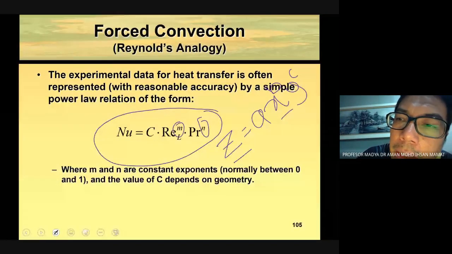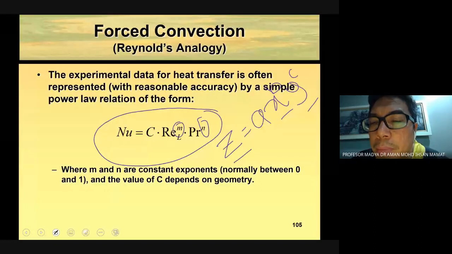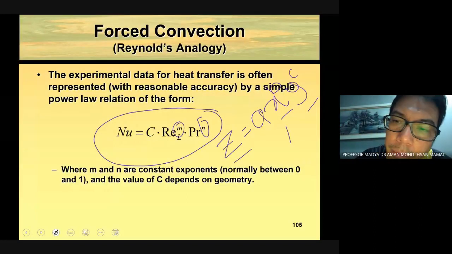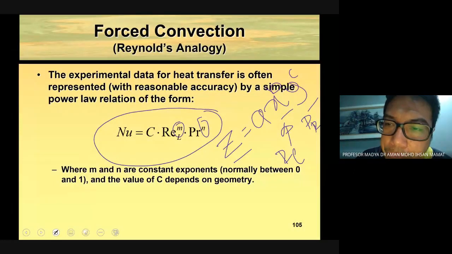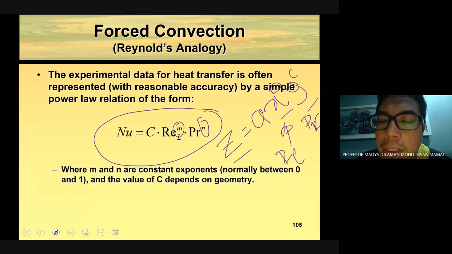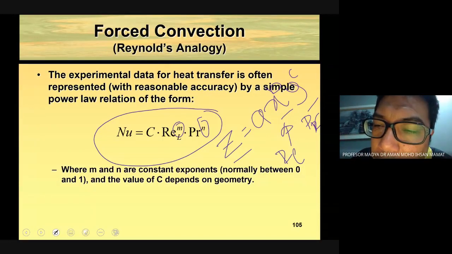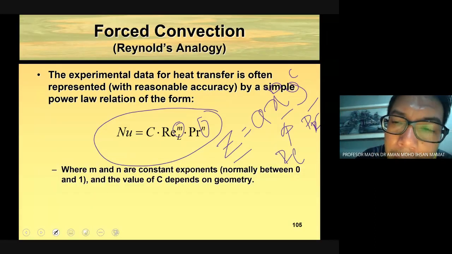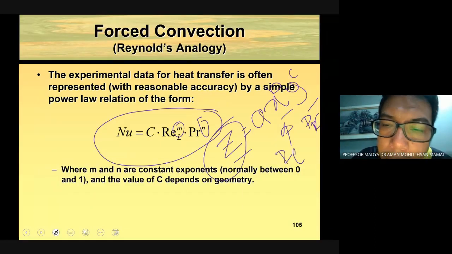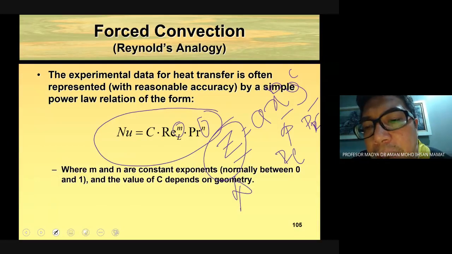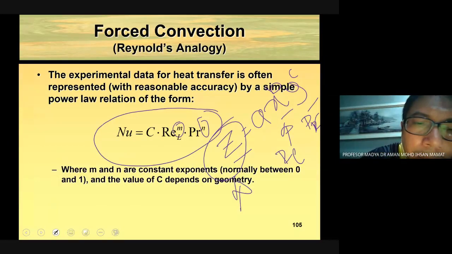These are the parameters that we are going to look at. For example, this is going to be the Reynolds number, and this is going to be the Prandtl number. This is how they did the experimental work, where they control the parameters, Reynolds number and Prandtl number, so that they can get another non-dimensionalized value, which is the Nusselt number, hL divided by k.